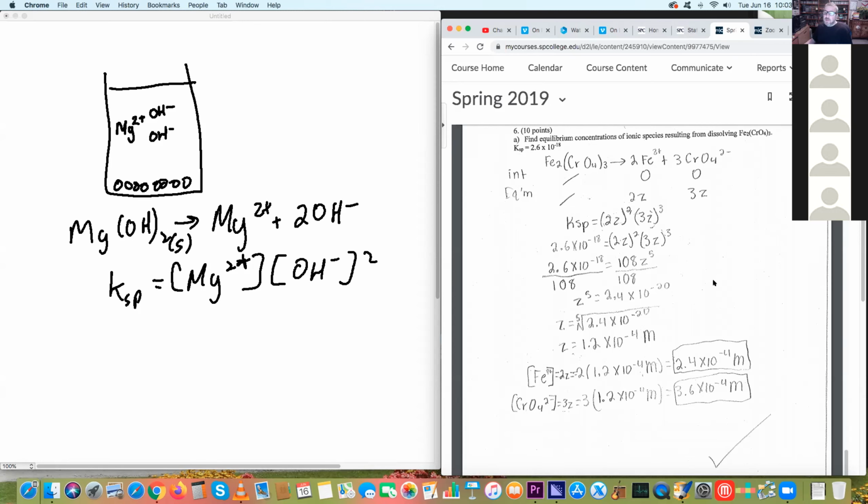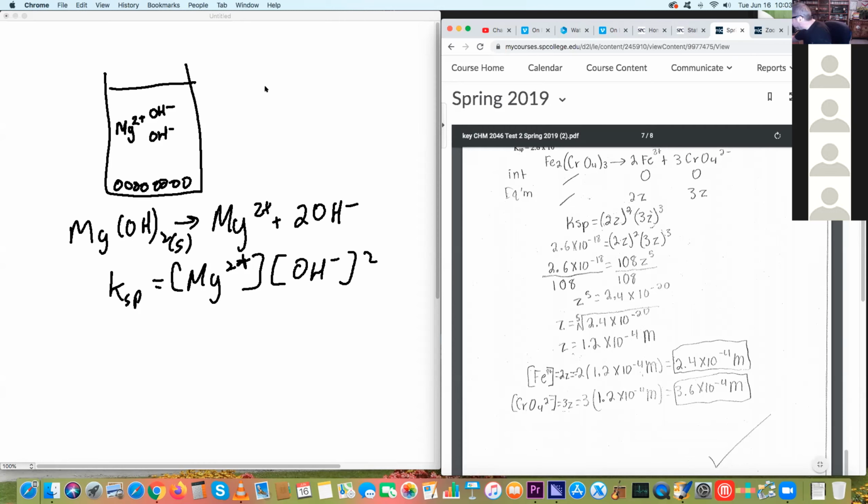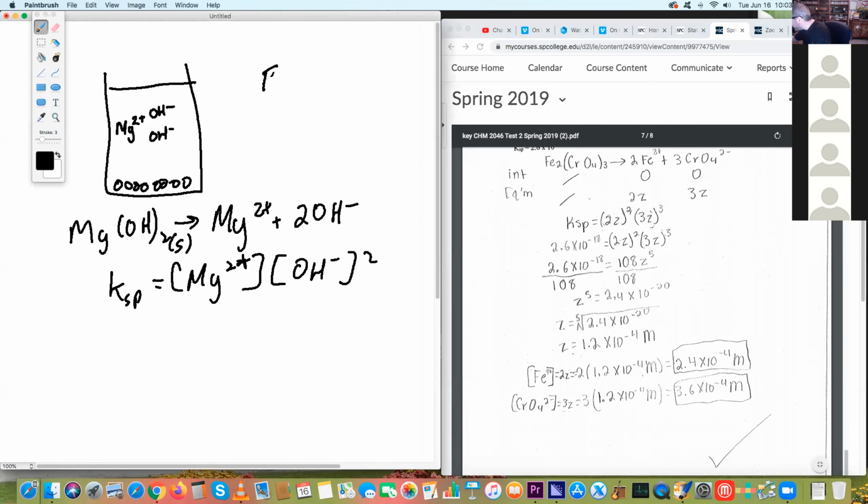Now the Z here just means a certain amount, and the ratio will be 2 moles of Fe3 plus for every 3 moles of chromate that we get, which makes sense because that's what the iron chromate looks like. If I drew a picture of it, it would look like this. There would be 2 Fe's, and then chromate would be 3 of these.